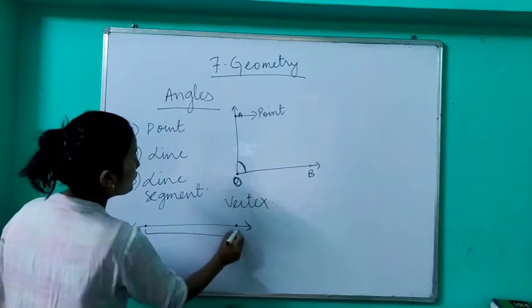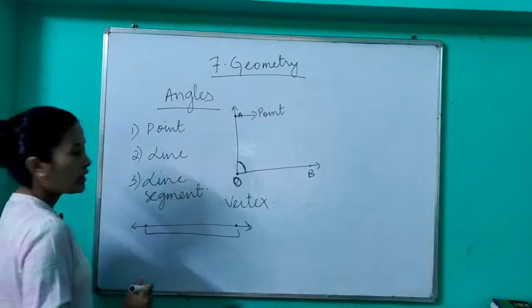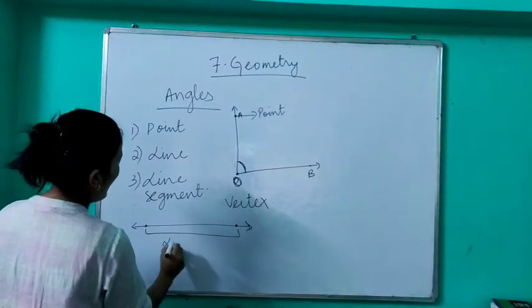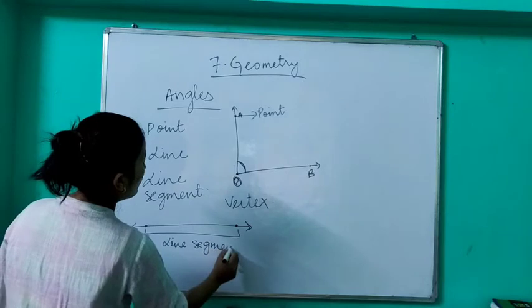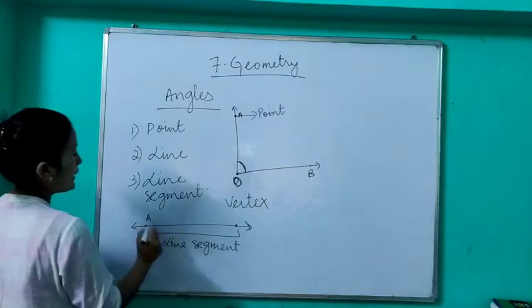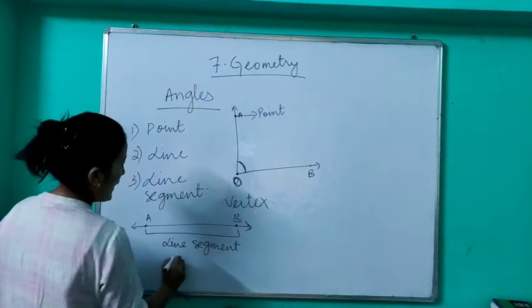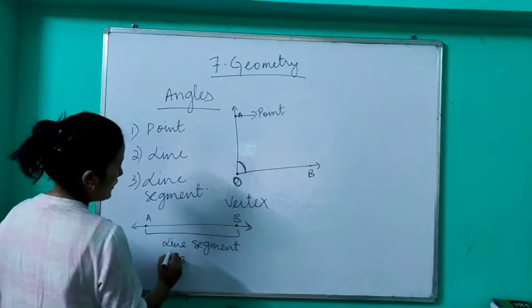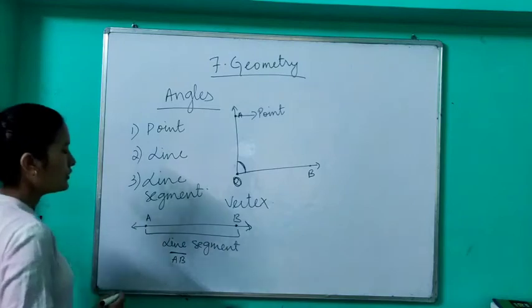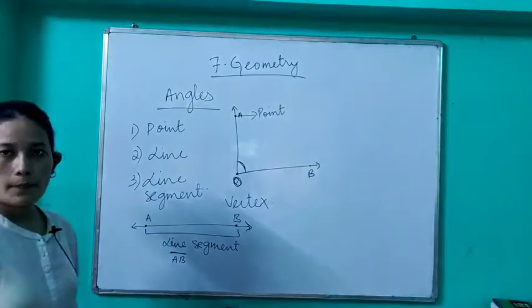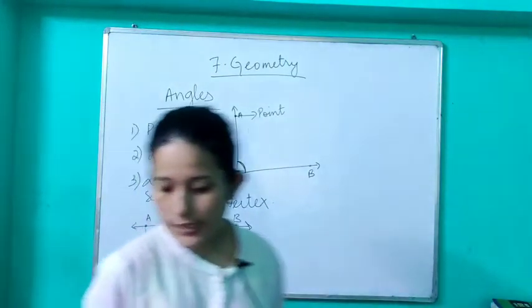Now this part of a line which is fixed is referred to as your line segment. So if this is point A and this is point B, line segment can be denoted by putting a straight line above the points. Okay, so I hope you understood what is line segment.